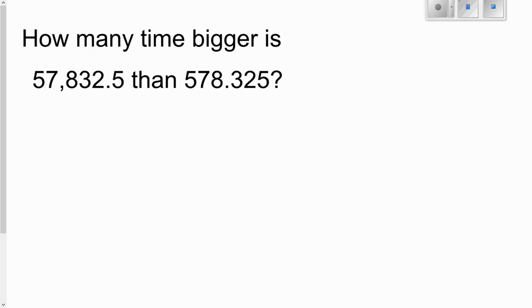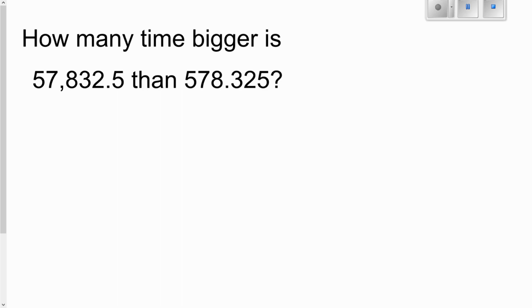How many times bigger is, and here are 2 different numbers. I said this in the other videos, and I'll say it again. You need to take the couple of seconds that it will take to rewrite the numbers so that each place is lined up with the same place in the other number.